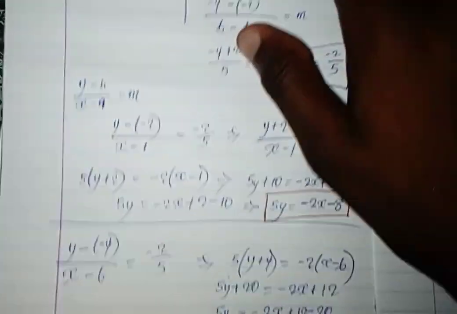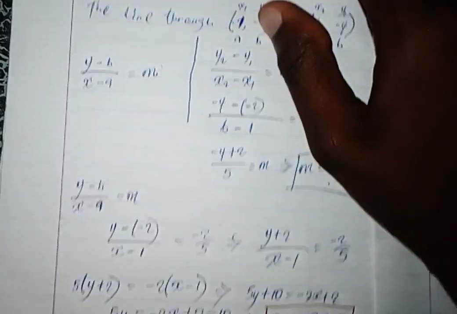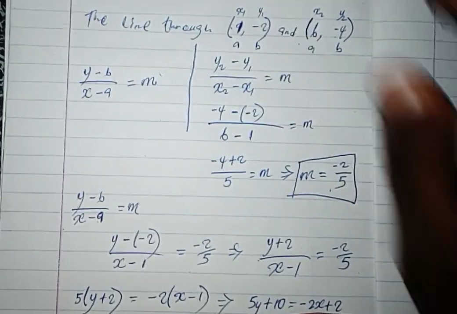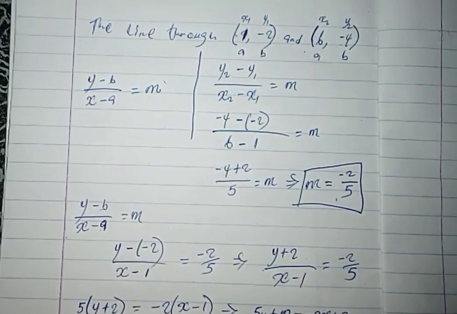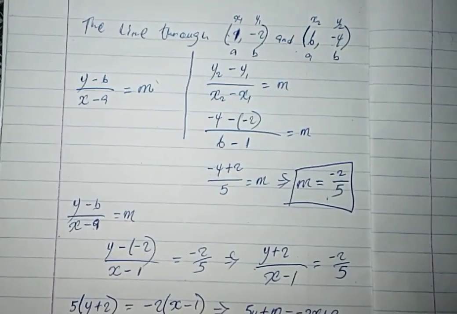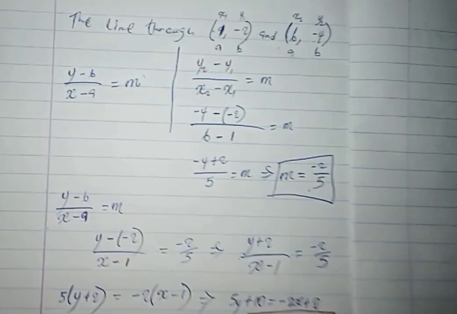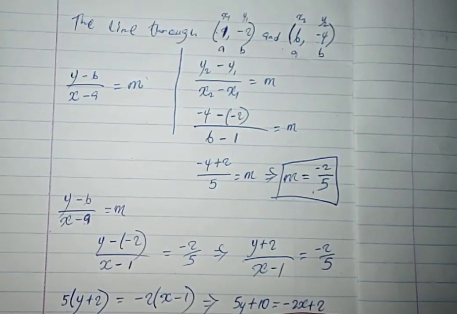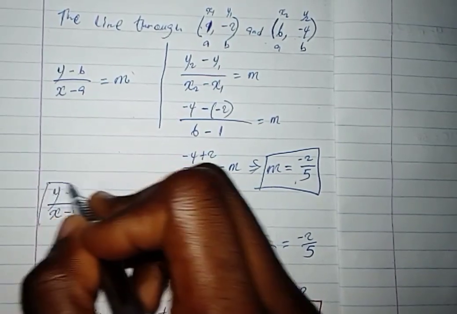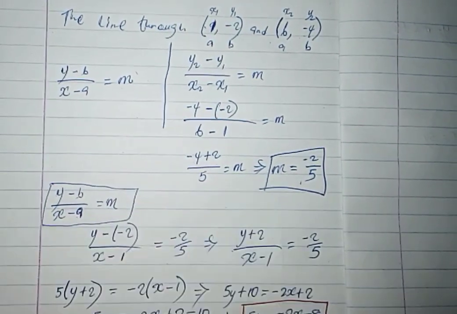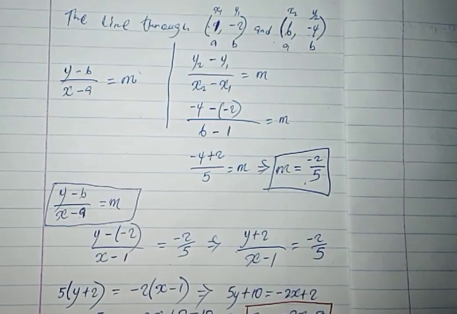So when you have 2 points on a line and you are asked to find the line, you first of all find the gradient, since the gradient was not given. So you find the gradient of the line and then use this equation to find the equation of the line.